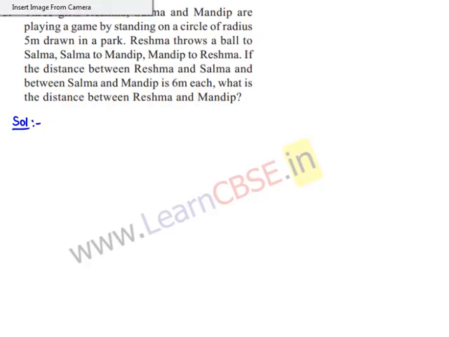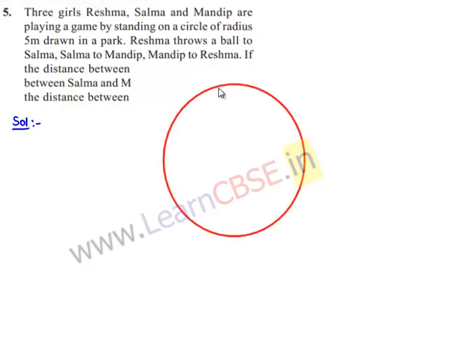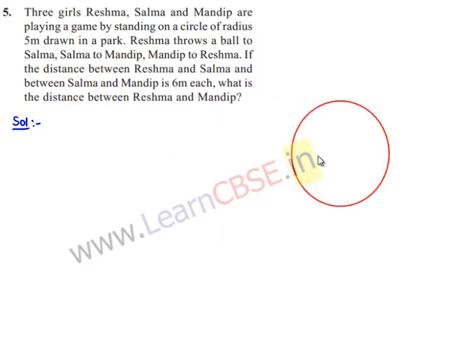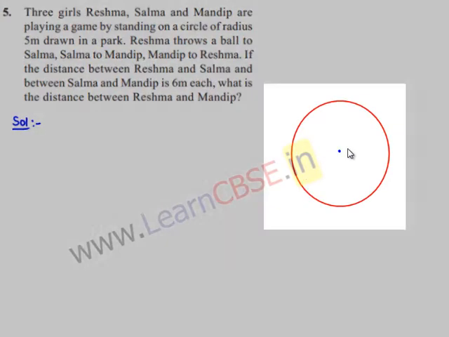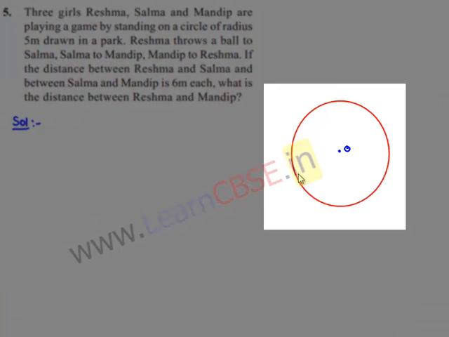Let us consider a circular park as shown in figure. Let its center be at O, and here let Reshma be represented as R on the circle, the park, and Salma be represented by S on the circular park, and Mandeep be represented as M on the circular park.